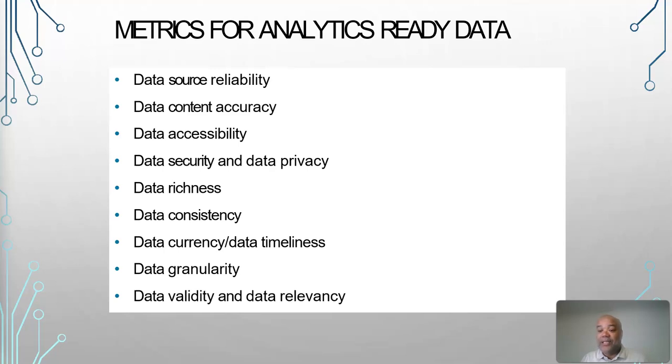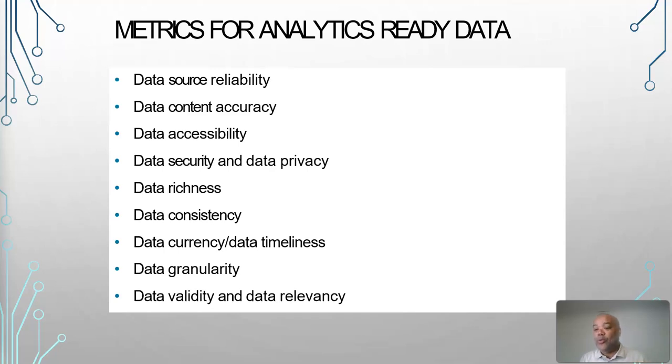Data accessibility ensures the information is readily available when and where it's needed. And this is critical for timely decision making. We have security and privacy measures that protect sensitive data from unauthorized access. And this maintains both integrity and compliance with regulations.